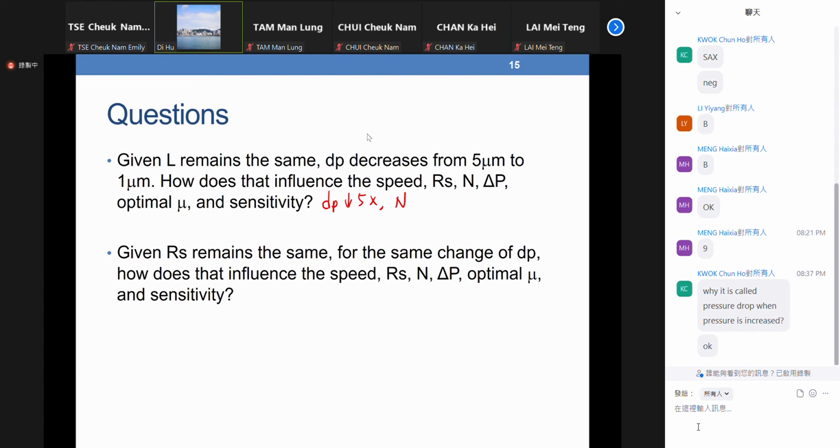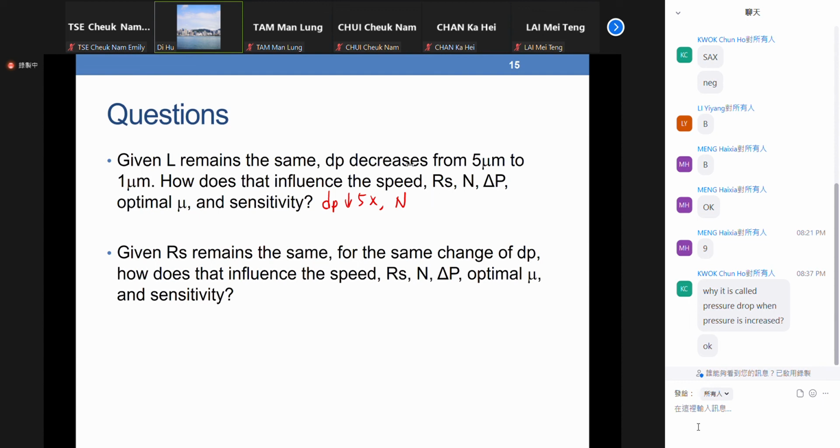Do you want to answer that in the chat box? dP decreased by 5 times, and so N equals L. Yes, very good, thank you. So N increased by 5 times.